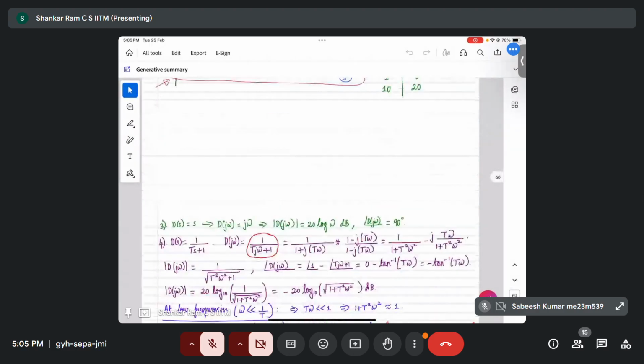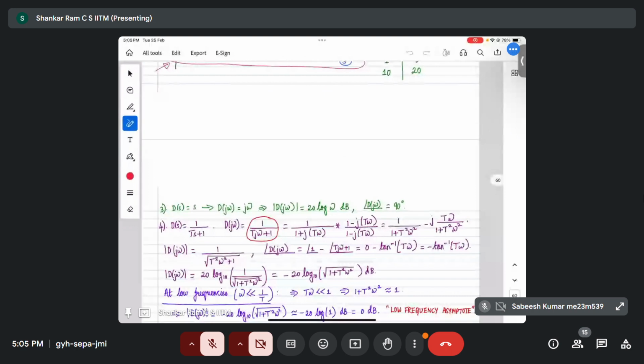Okay, yes. So if you look at the derivative term s, if we substitute s equals j omega, the corresponding sinusoidal function is pretty straightforward, right? So we just get j omega. The magnitude of T of j omega is nothing but omega itself, right? Because magnitude is the square root of real part squared plus imaginary part squared, right? So here the real part is 0, the imaginary part is omega.